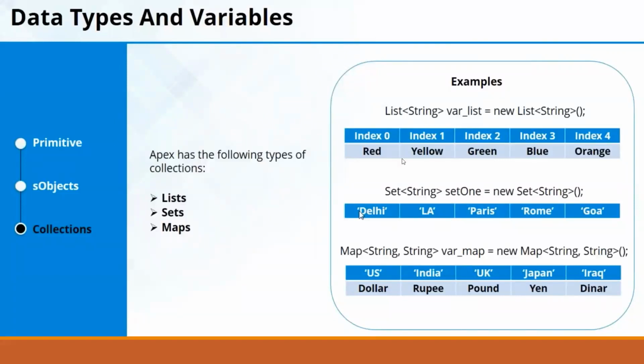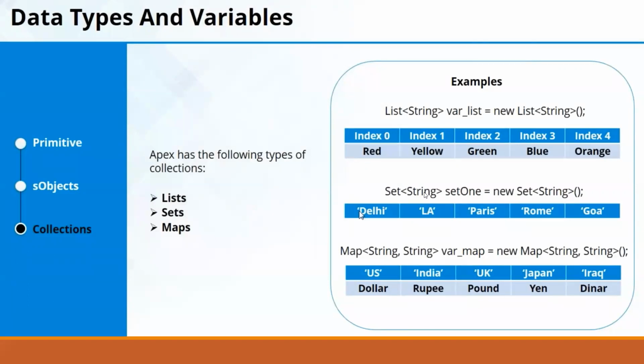Yesterday we saw how we create the list. This was the ordered index: index 0, index 1, index 2, index 3, index 4 were the addresses, and red, yellow, green, blue, orange were the values. Now today we will talk about the set.